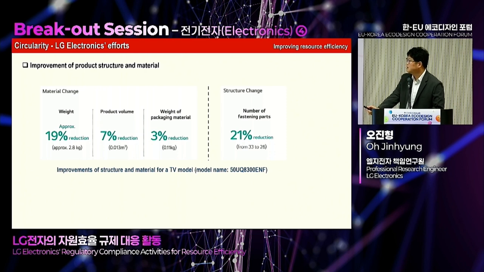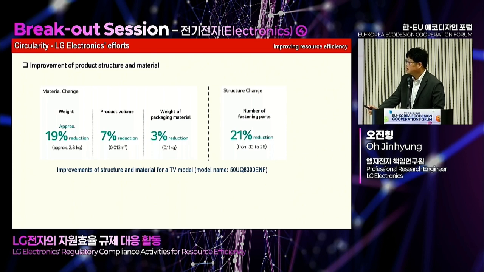And that was already mentioned by Mr. That is regarding product structure and material improvement. We are working on this initiative in order to maximize resource efficiency. So we are improving product structure and material at the product design phase. This is the case of a 50-inch television.